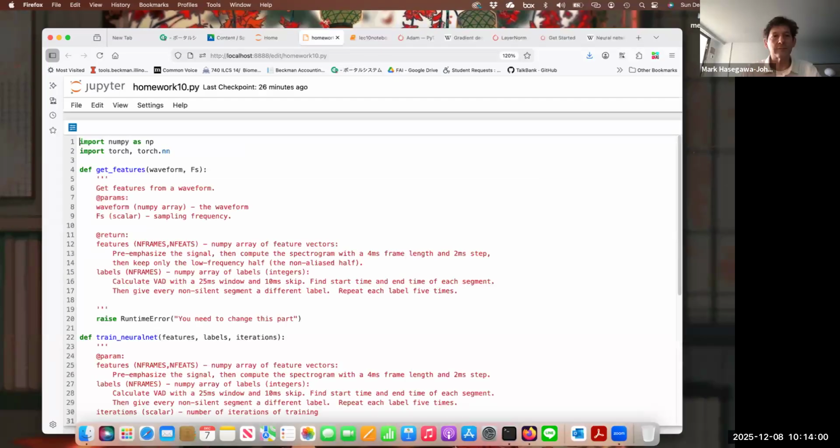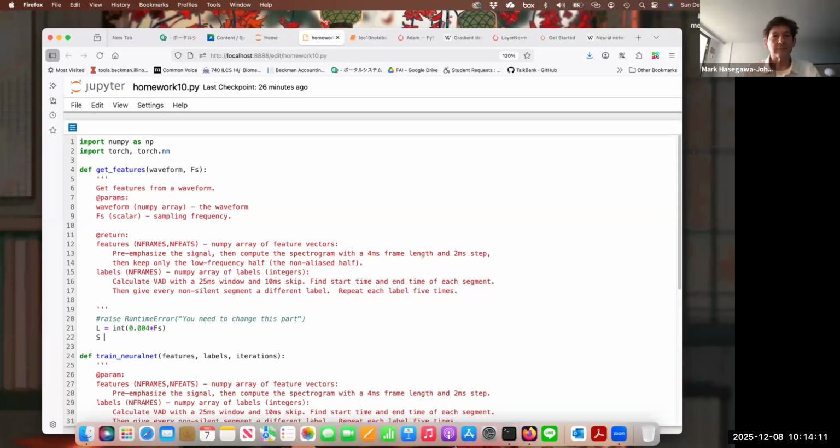So the first thing we want is a frame length, which is a 4 millisecond frame length, sorry, and a 2 millisecond skip. And from that, we want to compute a spectrogram.